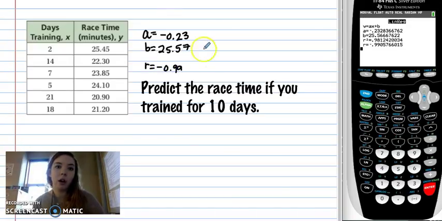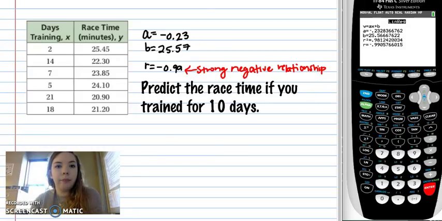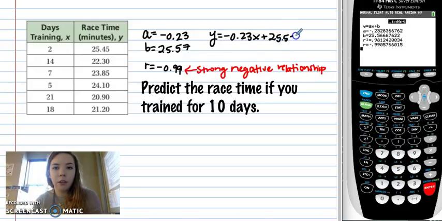So that's a very strong negative relationship. Which means that the amount of time you train and your race time are very related. The more you train, the lower your race time. And then my equation would be y equals negative 23 hundredths x plus 25.57.